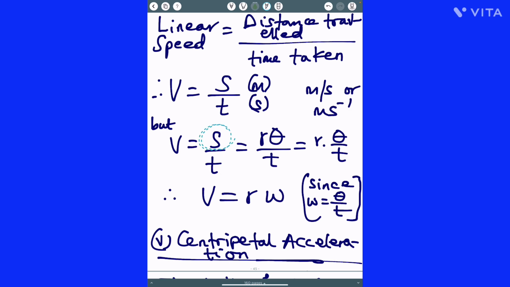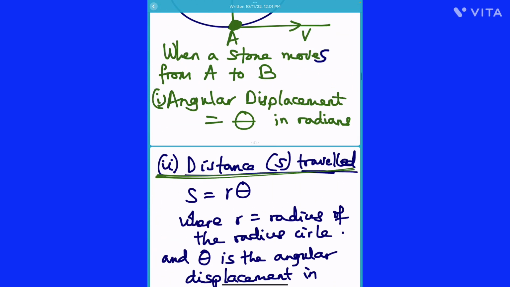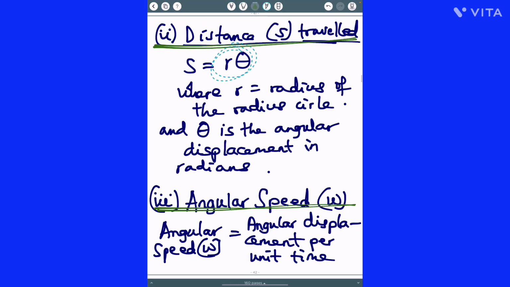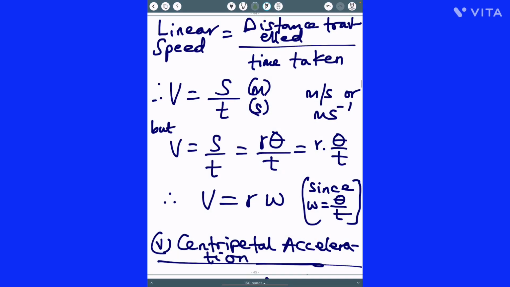But we know S as R theta. Previously, we showed that S was R theta. So linear speed S over T will now be R theta over T. If you rearrange this to R times theta over T, V will be R times W, since W is theta over T. You understand?